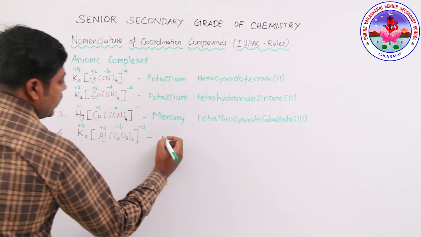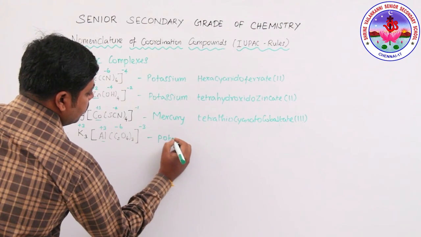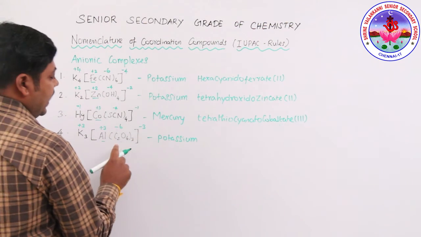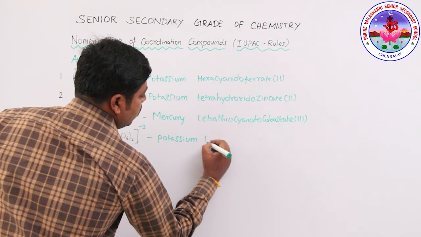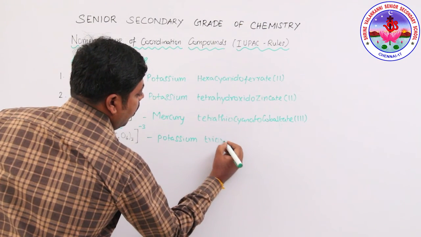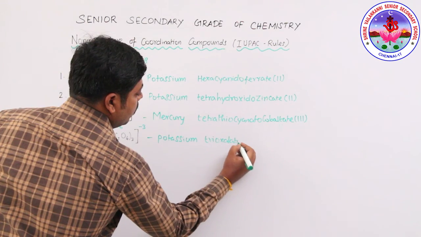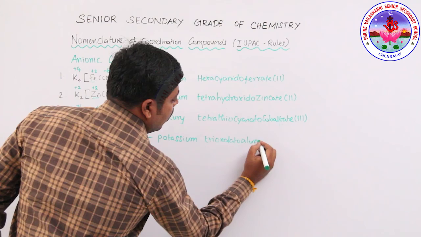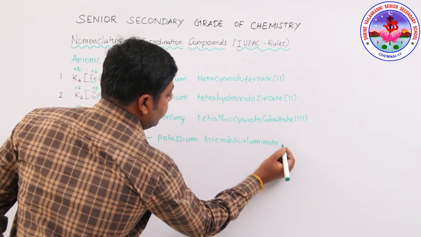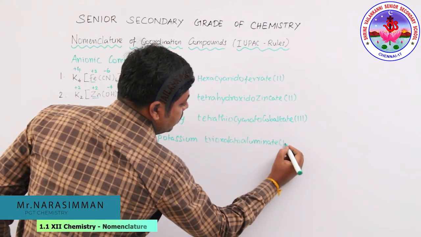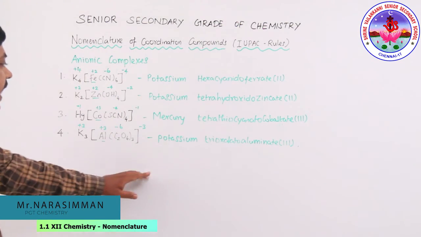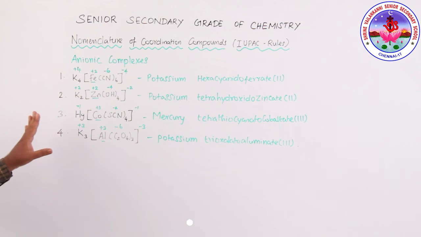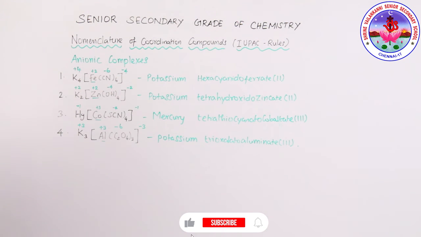Now name the compound: potassium, then trioxalato, three times, then aluminate. Oxidation state 3. Potassium trioxalatoaluminate(III). So this is the naming method for anionic complexes.